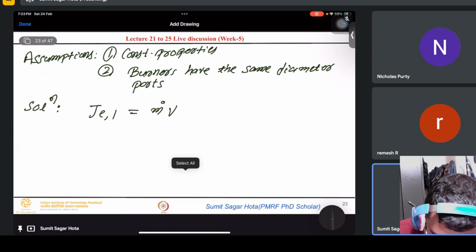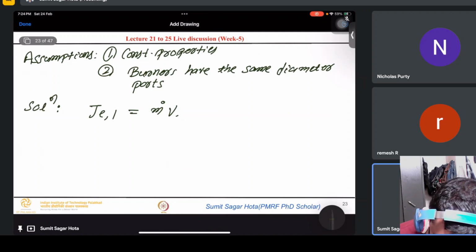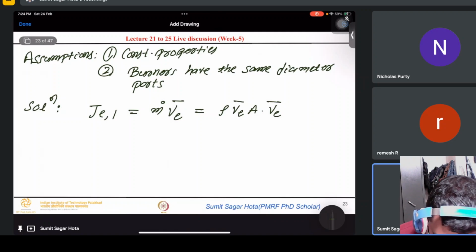m dot is equal to rho V A. We know, so V bar into A, where A is the cross sectional area of the circular port.